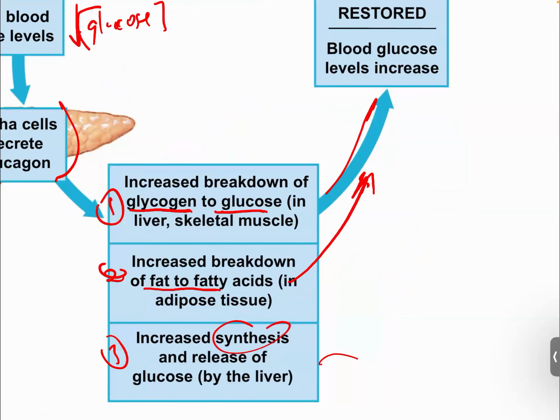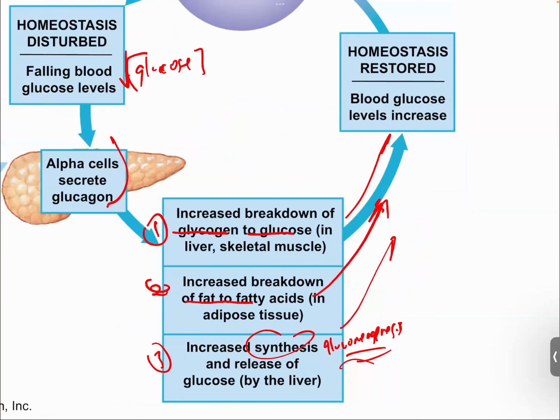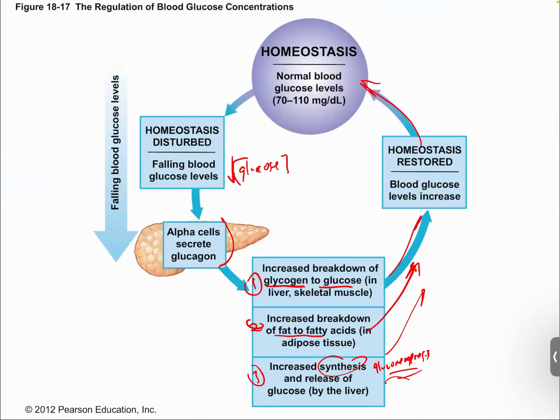That's gluconeogenesis and the release of glucose. It'll make new glucose and then release that. All three of these will increase your blood glucose levels, which will get you right back to homeostasis. In a glucose homeostasis pathway, at the top, we've got insulin. At the bottom, we've got glucagon.